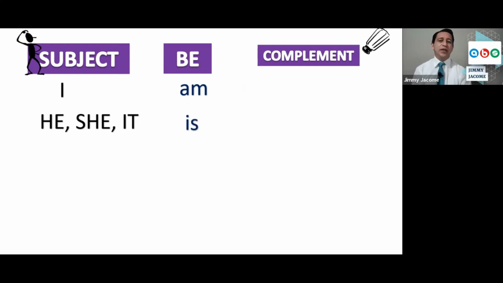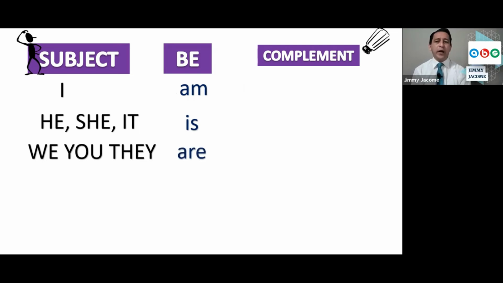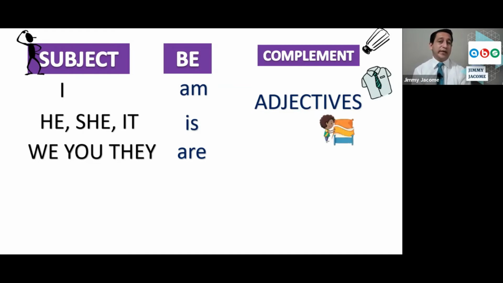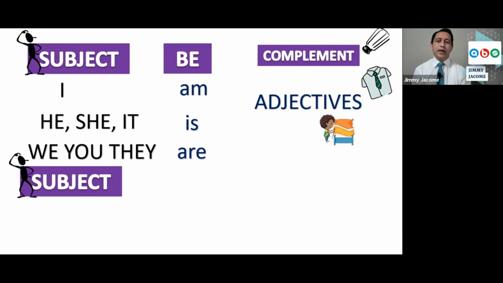We, you, they are. And a complement is like adjectives. For example, I am polite, he is polite, my mother is polite, my father is polite, my parents are organized.